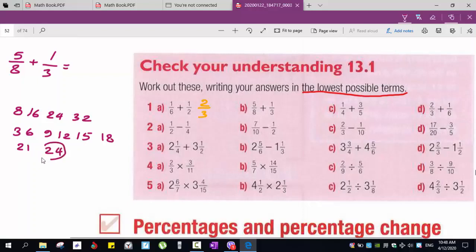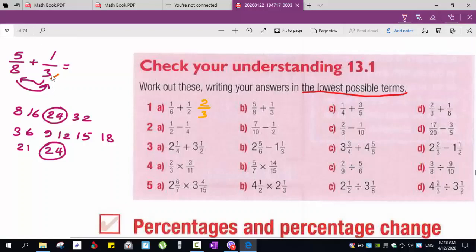So 24 is the lowest common multiple between 8 and 3, so it will be the common denominator. Or when you see numbers like this, where 8 is not a multiple of 3, then just multiply them, like 3 by 8 and 8 by 3, to get the common denominator.